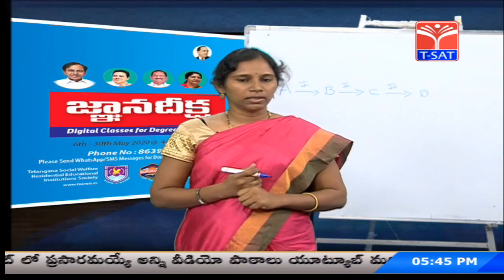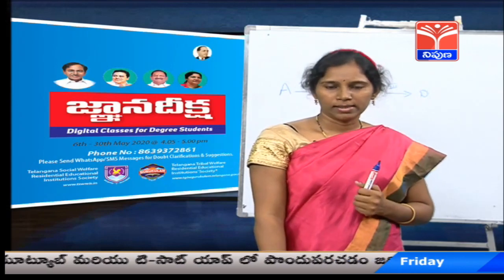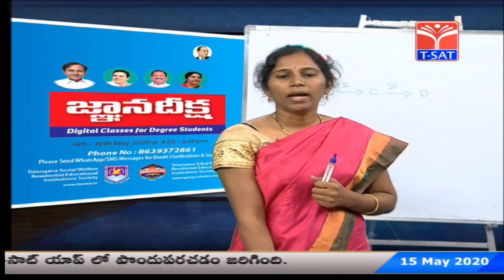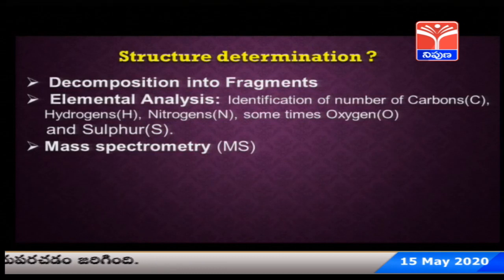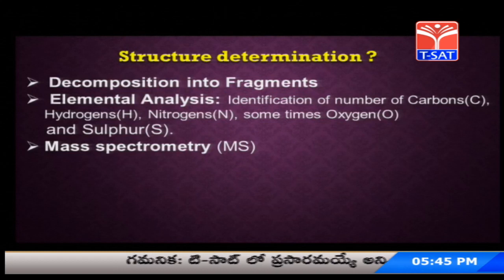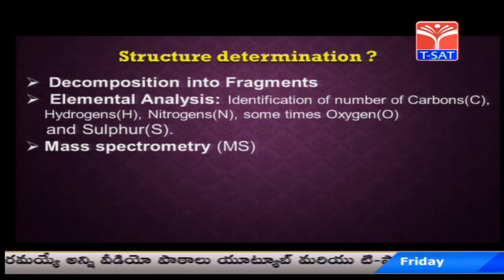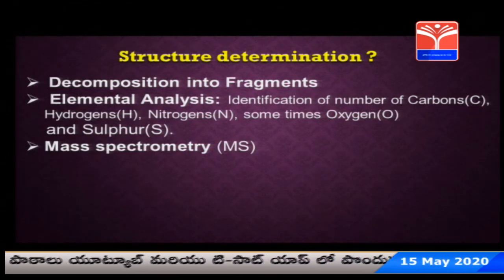How can we do structural determination then? Let us go back to 1940s. The methods available at that time were very conventional. Those include decomposition into fragments, elemental analysis, and mass spectroscopy. If you take the first method, it involves fragmentation of the complex molecule into small molecules, and those small molecules were compared with already known molecules, thereby they can predict the structure of the complex molecule.